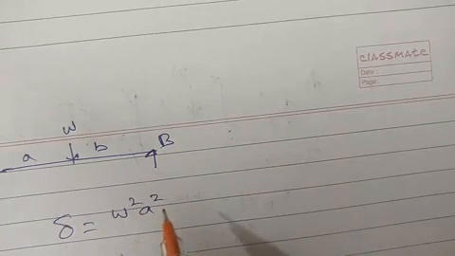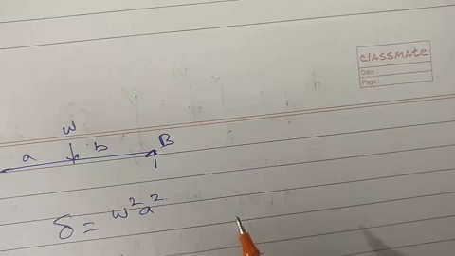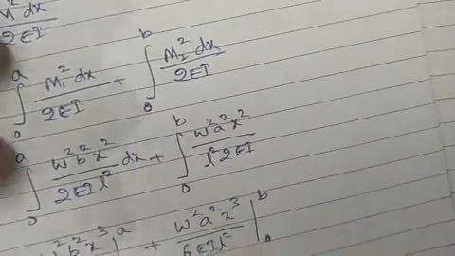Suppose for this case, this is A, this is B. Delta we got as W square A square B square by 6L EI. Now this is the total strain energy U.